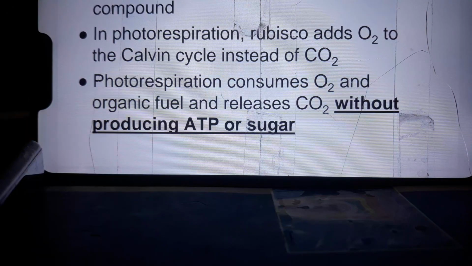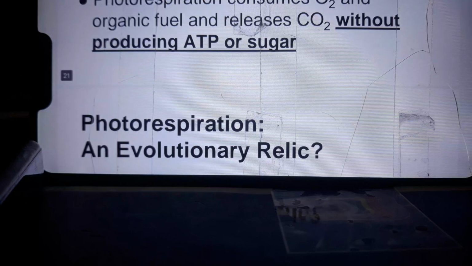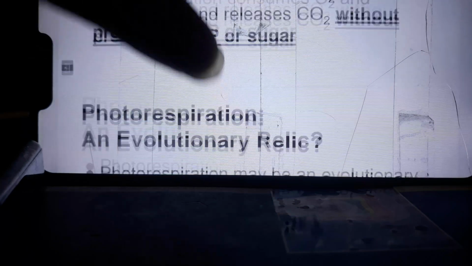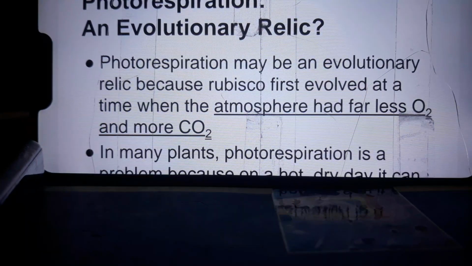In photorespiration, Rubisco adds O2, oxygen, to the carbon cycle instead of carbon dioxide. Photorespiration consumes O2 and organic fuel and releases carbon dioxide without producing ATP or sugar.